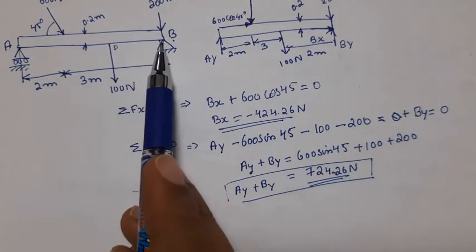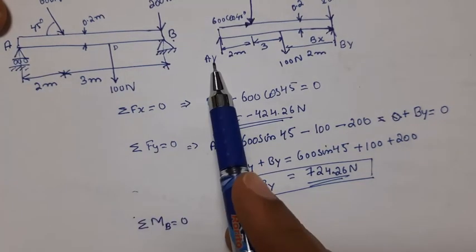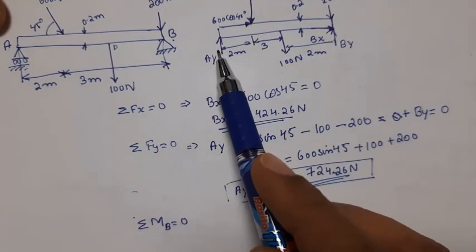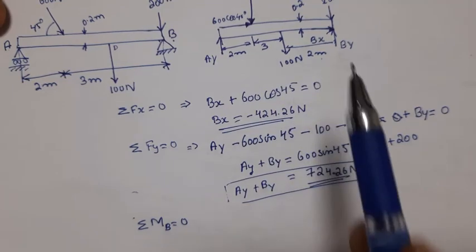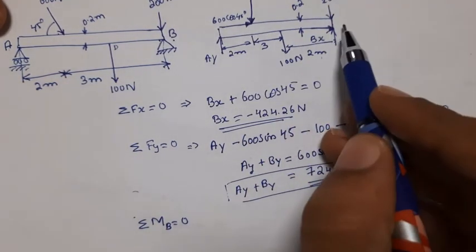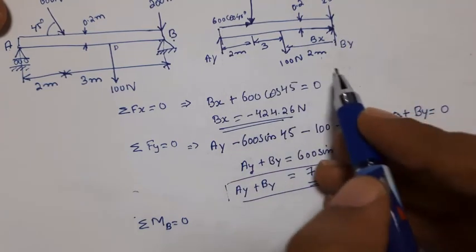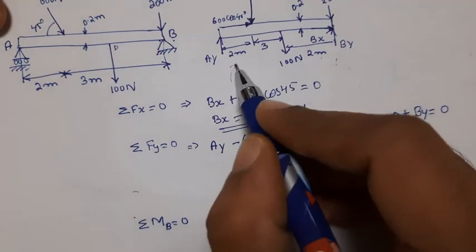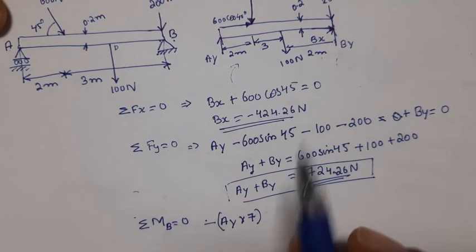From this point, first we'll take the force Ay at a distance of 2 plus 3 plus 2, so that is 7. This force is in the clockwise direction, so the moment will be minus Ay into 7, where 7 is the distance.